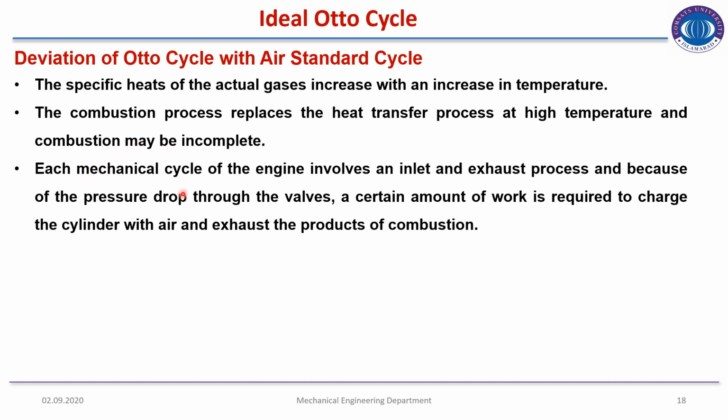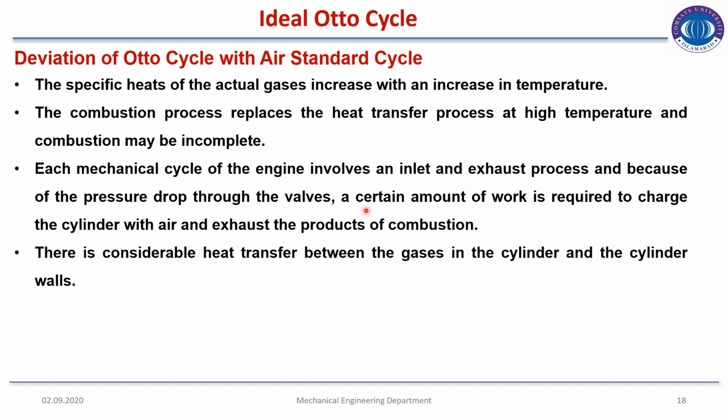Each mechanical cycle of the engine involves an intake and exhaust process, and because of the pressure drop through the valves, a certain amount of work is required to charge the cylinder with air and exhaust the products of combustion. There is also considerable heat transfer between the gases in the cylinder and the cylinder walls. These are the reasons for the deviation of the Otto cycle from the air standard cycle.